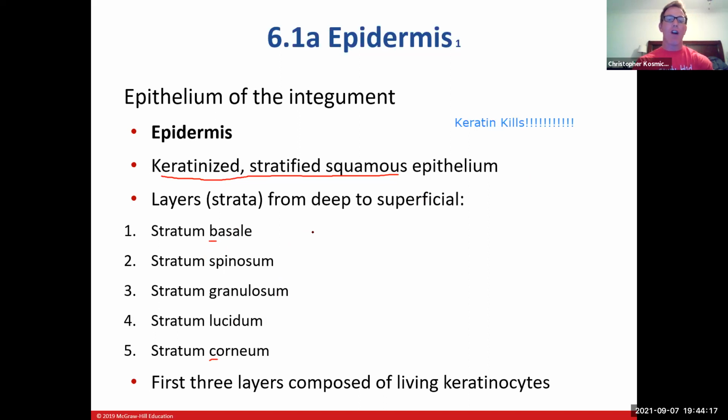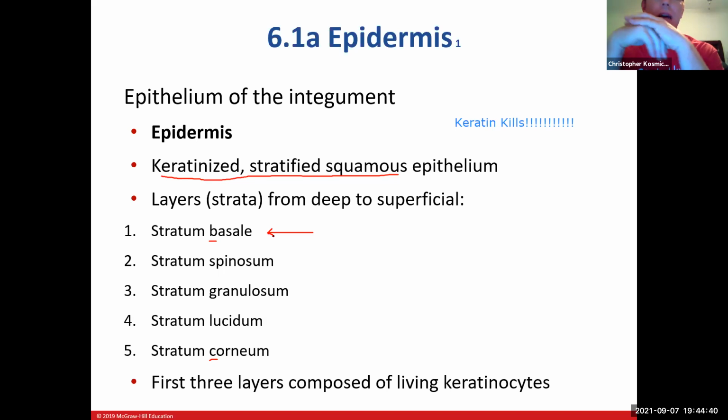So we're going to start off with the deepest layer, and we're going to work our way up towards the surface of the skin. Now, the correct pronunciation for number 1 is the stratum basale. I say basale, so when you spell it on the test, you don't forget that there's an E on there. And I'll do that with some of the words that I will use for you.